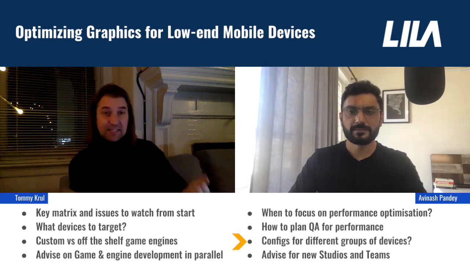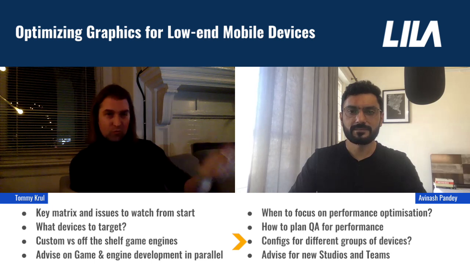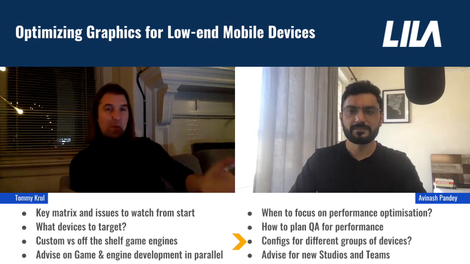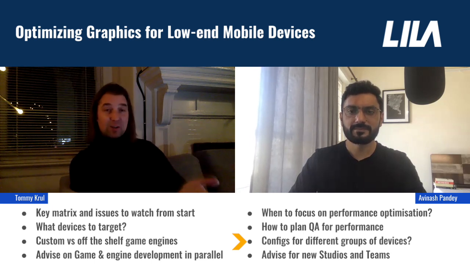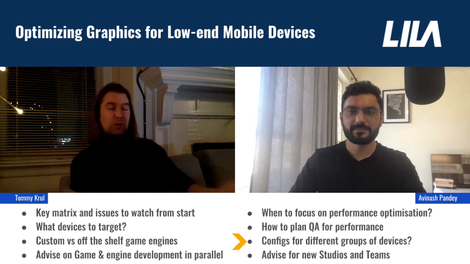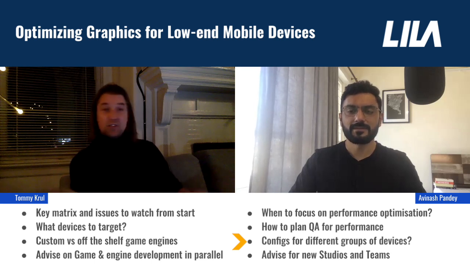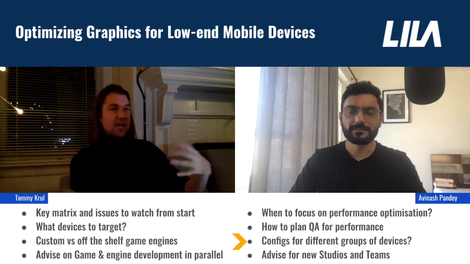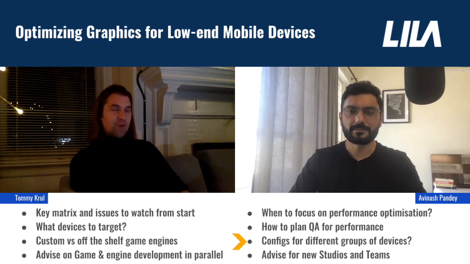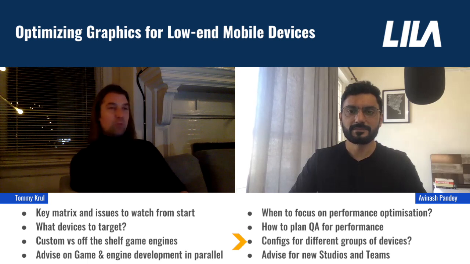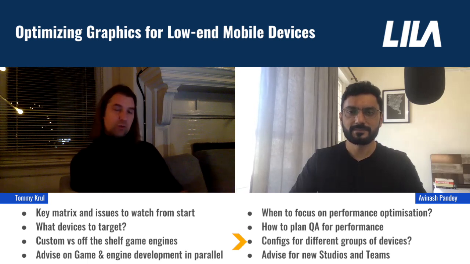On the phone that has the exact same name, you might walk into the store, you might buy a particular phone, and you might go home, and your phone might have a Mali GPU rather than an Adreno, and you wouldn't know, even by the serial number. Correct. And this is, of course, extremely hard to do. So rather than bucket based on phone model, most people would bucket based on GPU or GPU and CPU combination.